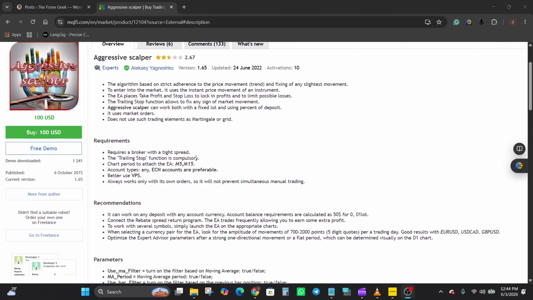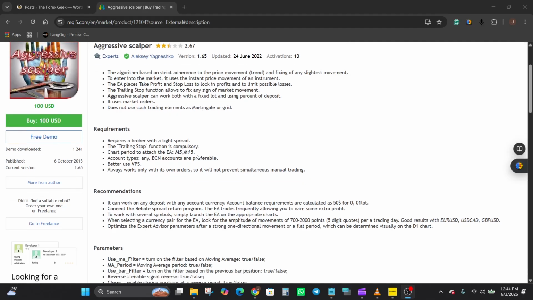Now, moving into how it operates, the EA uses market orders and is designed to place both take profit and stop loss levels on every trade. It also includes a trailing stop function, which is described as a key component for locking in gains as price moves in favor of the position.